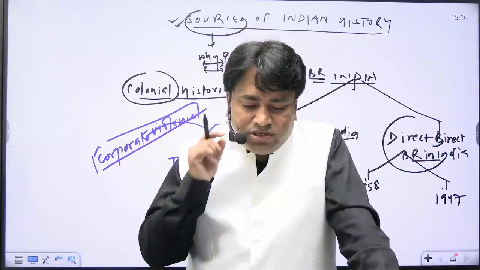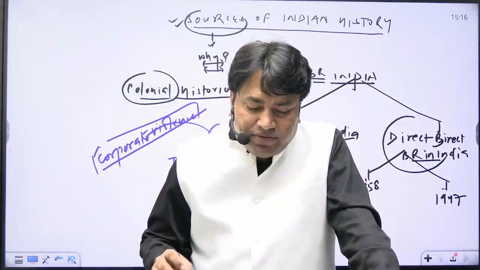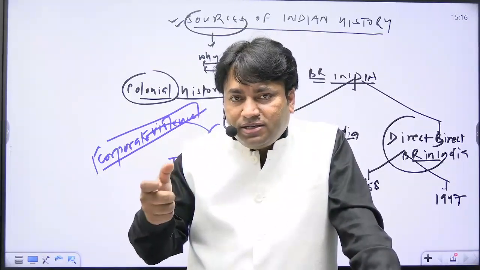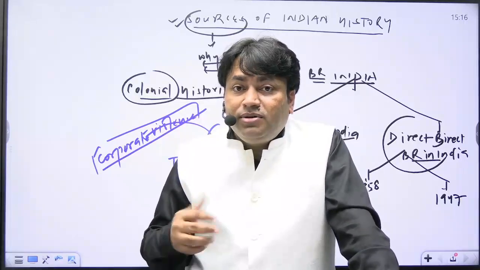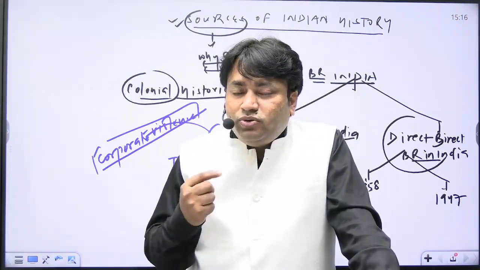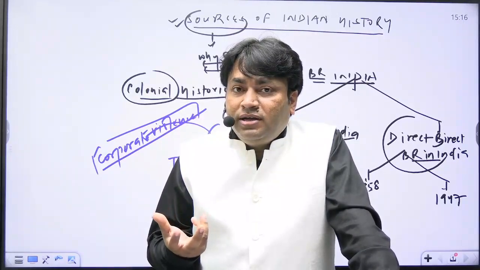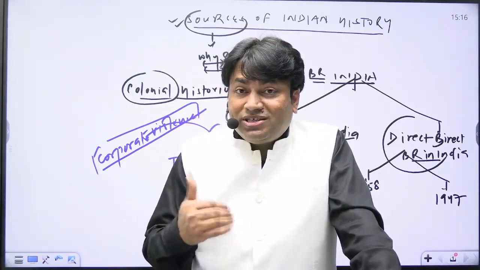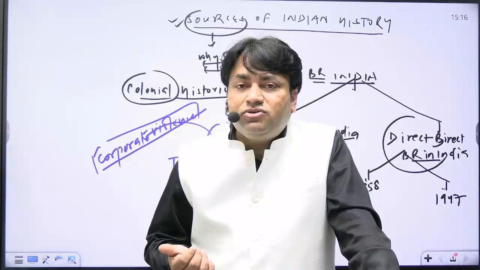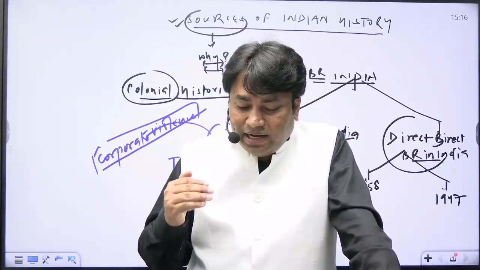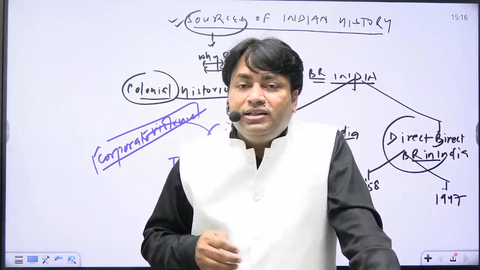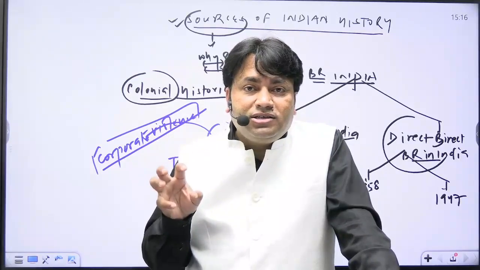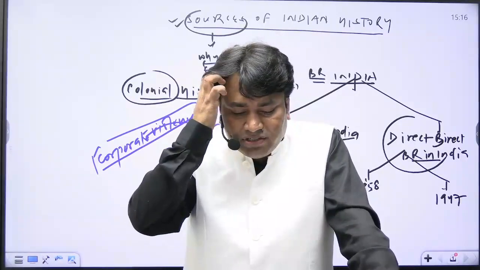The Jesuit scholars, by the end of the 17th century, started learning Sanskrit. Why am I taking the example of Jesuits? So you should realize the importance of history. The Jesuit scholars, by the end of the 17th century, are mastering Sanskrit because they have heard that Sanskrit is the classical language in India.